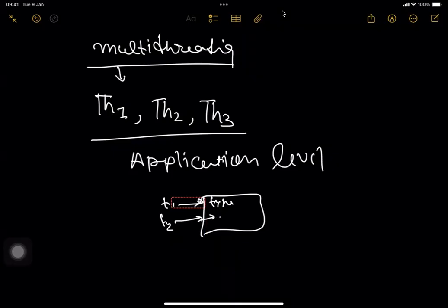If there is a spelling mistake, you will get a red color highlight. That is called a spell checker. Those things are the best example of multi-threading.